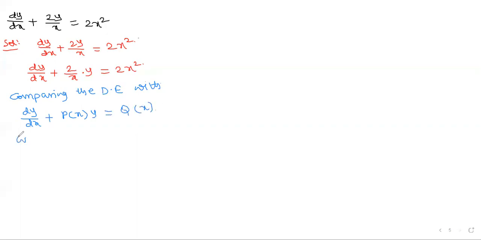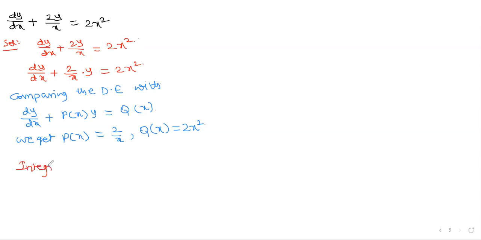we get p of x is 2 by x and q of x is 2x square. First, compulsorily we have to find the integrating factor.